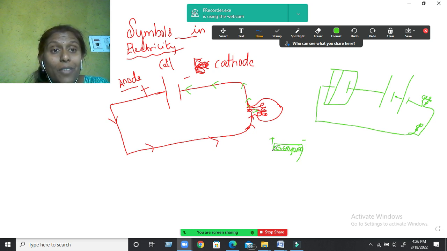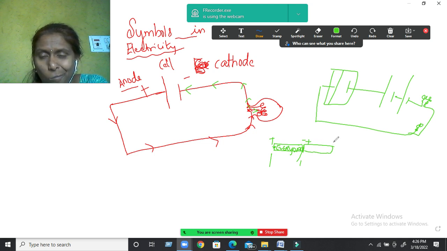The one which has the positive end is your anode, the one which has the negative end is your cathode. Probably you would have observed this in torches: one battery wouldn't be sufficient, we use many more, and the positive end and the negative end, then the next would be like the positive and the negative, like this, they should be touched.